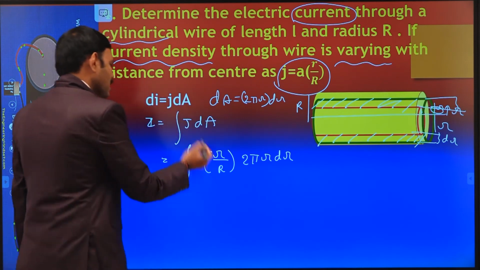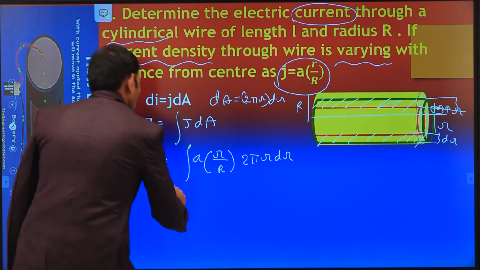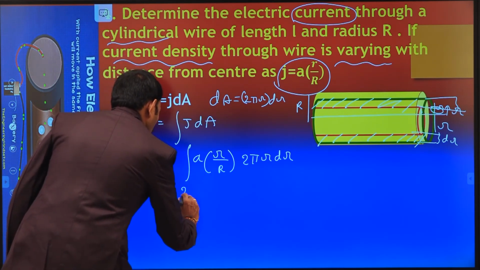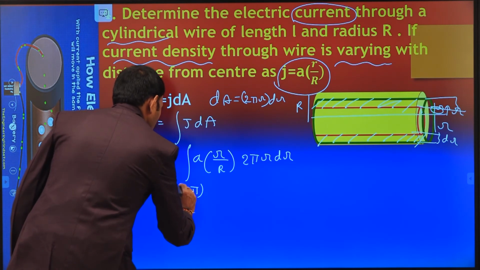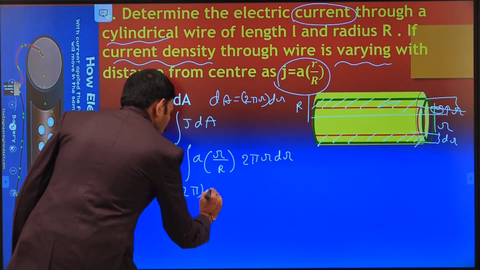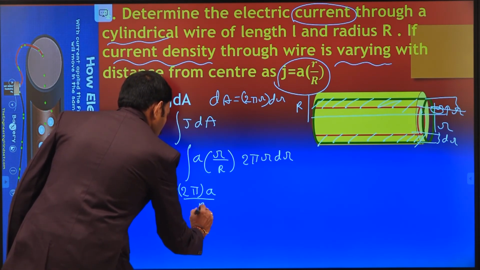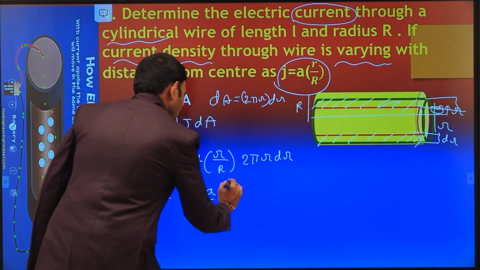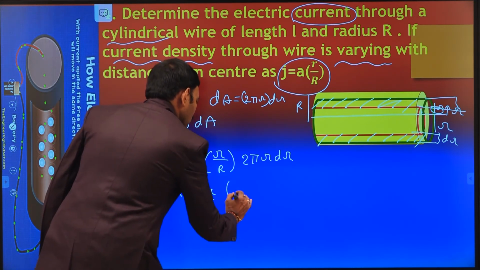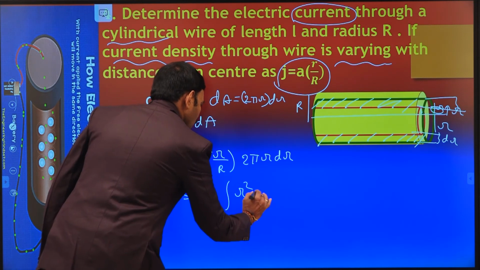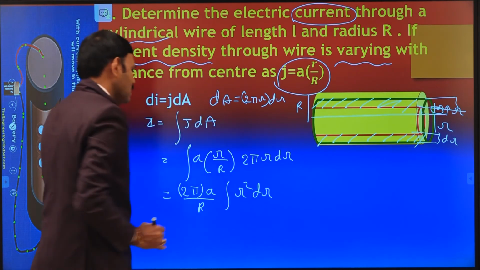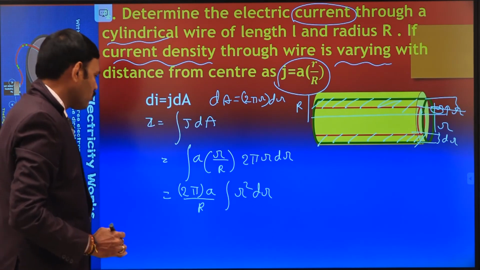Keep the constants outside the integration. So A is constant, 2 pi is constant, so 2 pi A divided by capital R. All these are constants. In integration we have integral r square dr. Integral r square dr means r power 3 by 3.